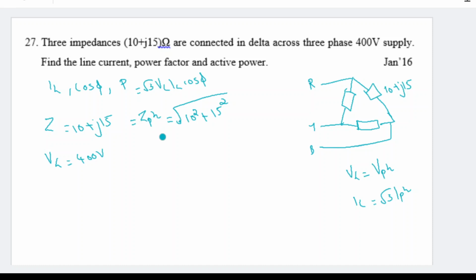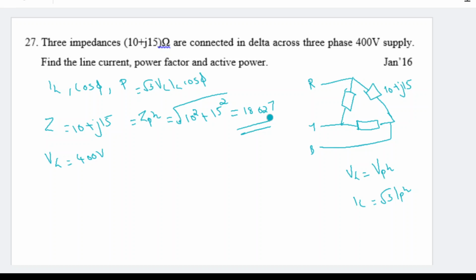Please find 10 square plus 15 square and take the root. You will get 18.027. That is the impedance value.